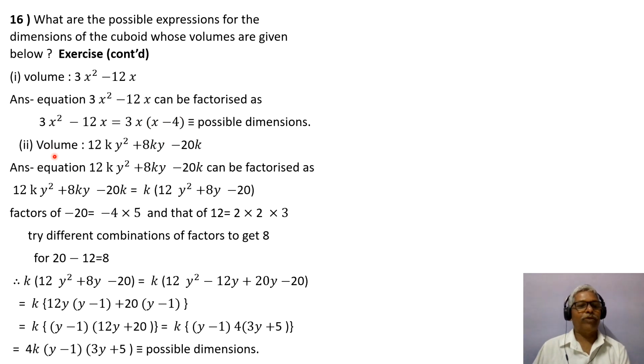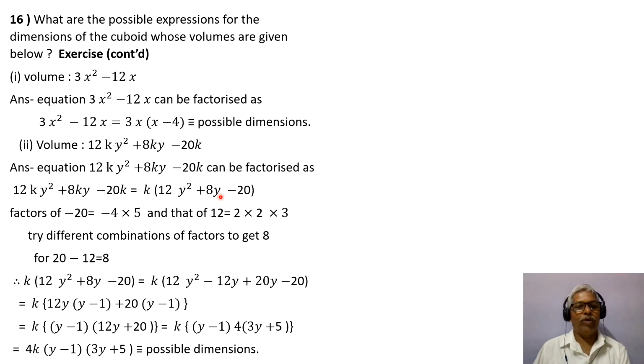Second one, volume is given as 12ky square plus 8ky minus 20k. Answer: this expression can be factorized as, presently I am taking only k common, and in the bracket we are left with 12y square plus 8y minus 20.